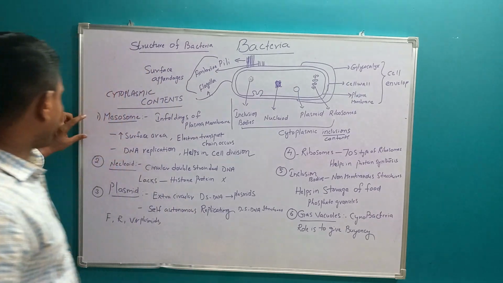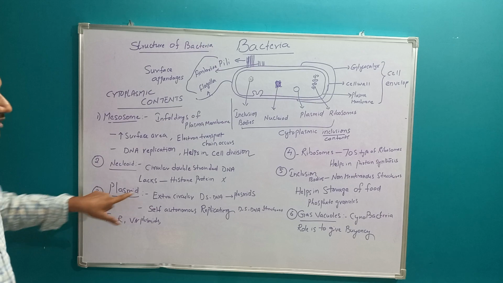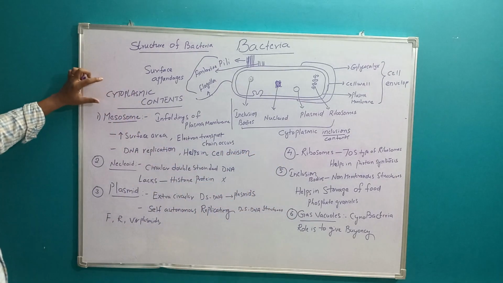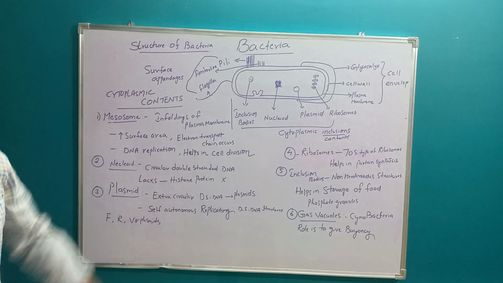So these five: mesosomes, nucleoid, plasmid, ribosomes, inclusion bodies, and gas vacuoles are the cytoplasmic contents of the bacteria.